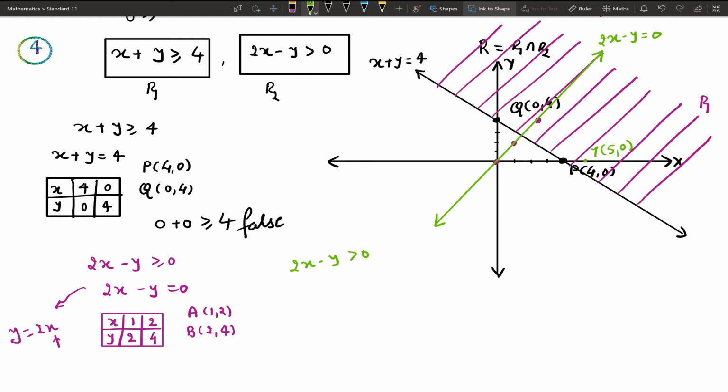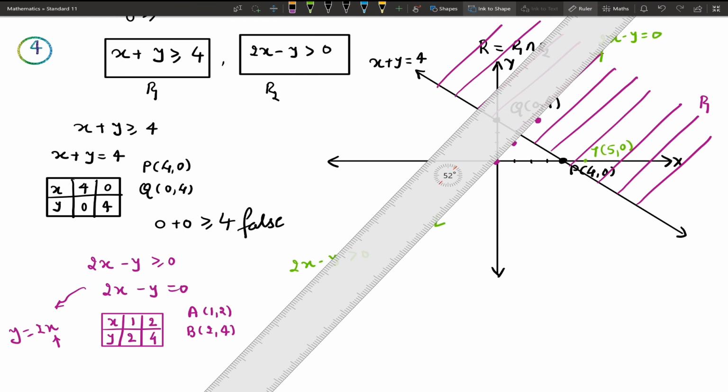You note that since the inequality is strict, we have to draw a dotted line.